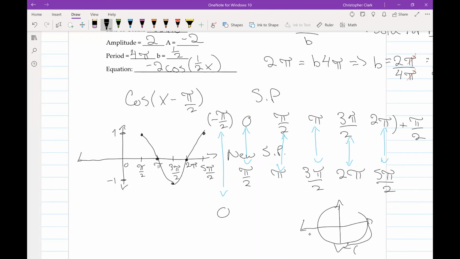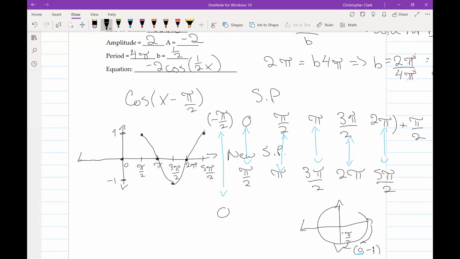So this would be 0, -1. We move this direction, so negative pi over 2. So we have 0, -1. And so the cosine value, of course, is the x, so it's the 0. But that means that 0 that's normally occurring at negative pi over 2 is now occurring at 0.